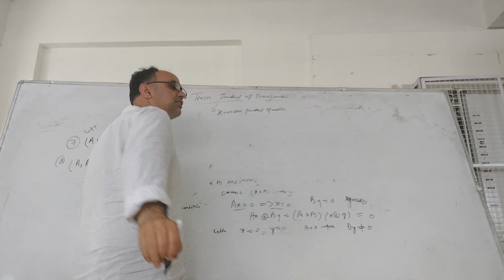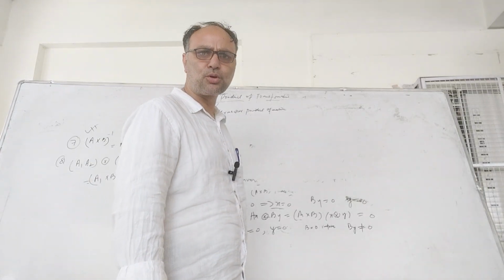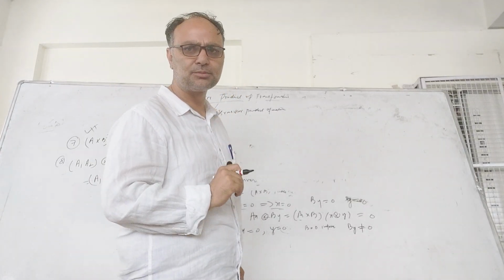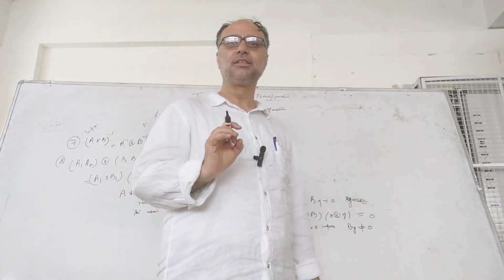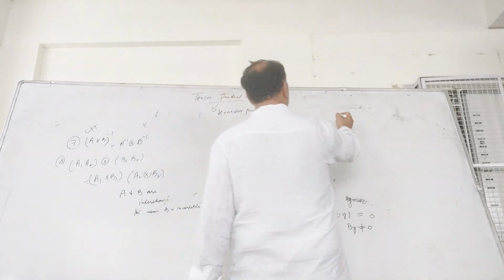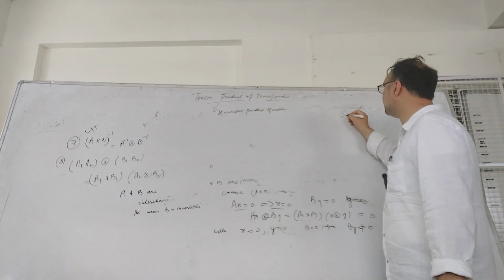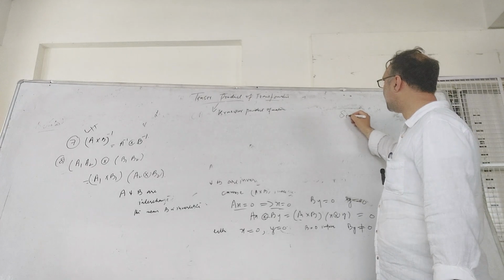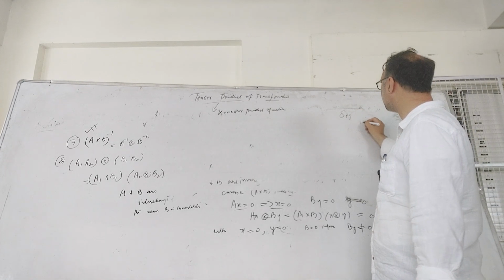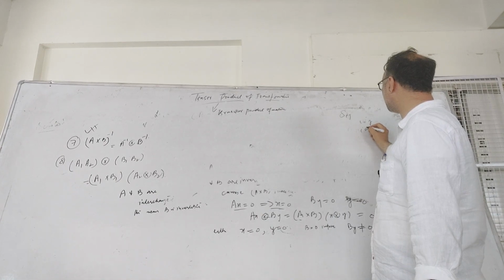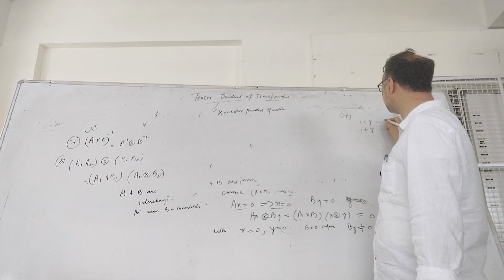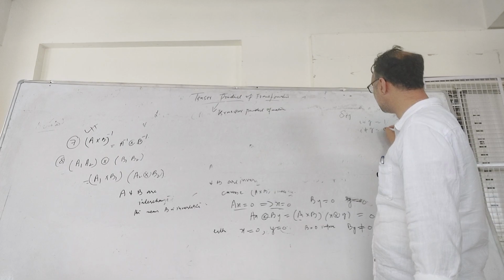You might have previously known the properties of a delta function, Kronecker delta ij, where i is equal to j or i is not equal to j. In the former case it's 1, in the latter case it's 0.